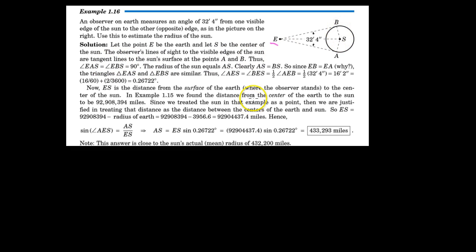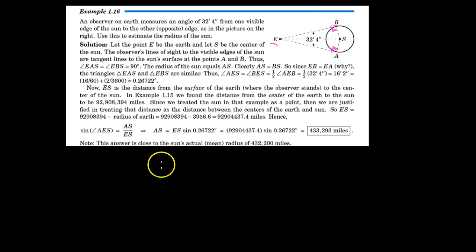So the observer's lines of sight to the visible edges of the sun are tangent lines. So once again, a tangent is just touching the surface of the circle here and here, and the points are A and B. So we know then that angle EAS is, believe it or not, a 90-degree angle, and this is a 90-degree angle.